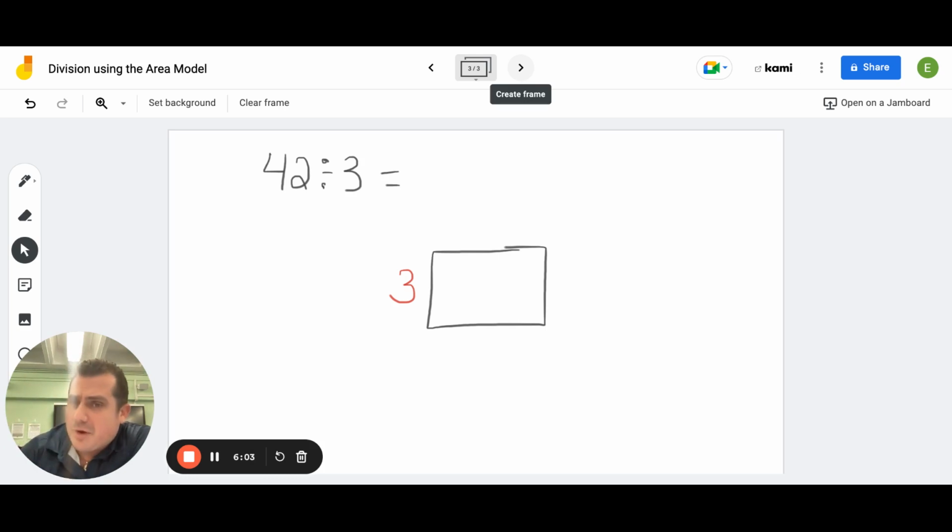So if I want to break my number 42 into two friendlier numbers, I could start with, well, 3 goes into 30. If I do 3 times 10, 3 times 10 is 30. So I'm going to put my 10 up top. 3 times 10 is 30.